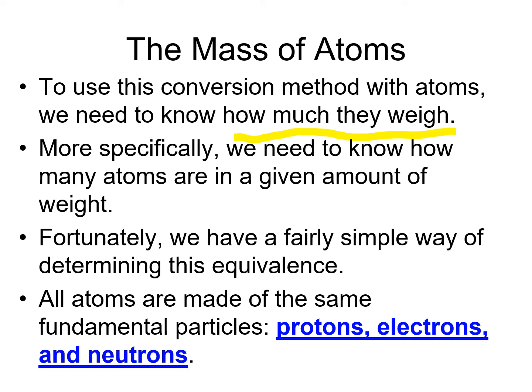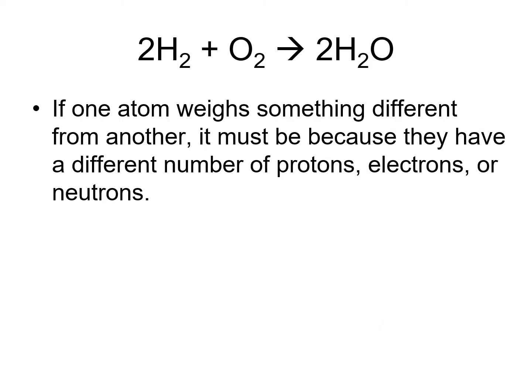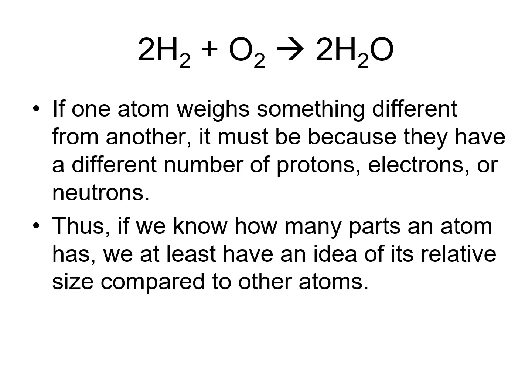So that's going to simplify our calculations. If an atom weighs something different from another atom, it is because they have a different number of protons, electrons, or neutrons. So what we really need to know is how many of those parts are in a given atom.